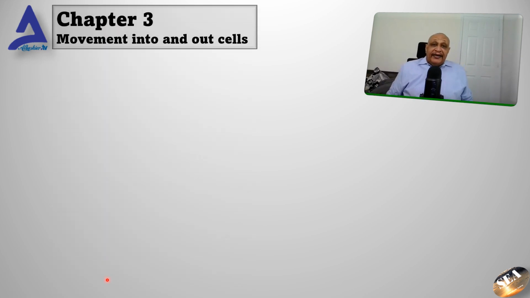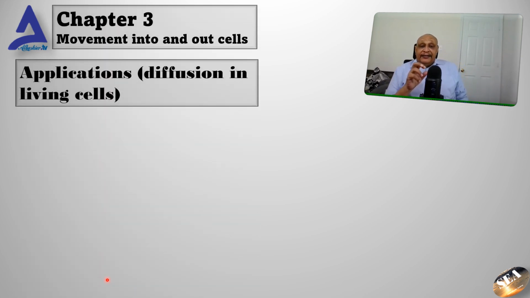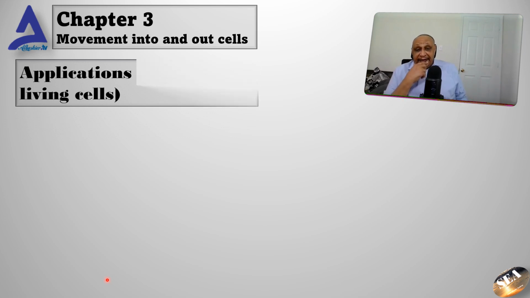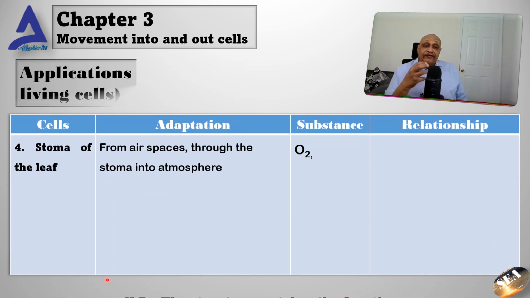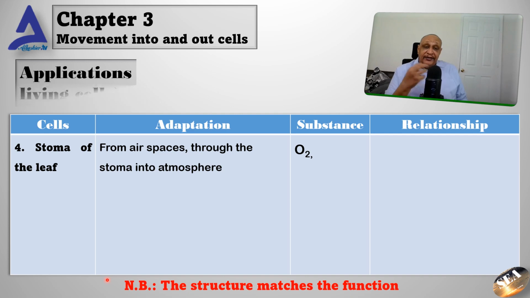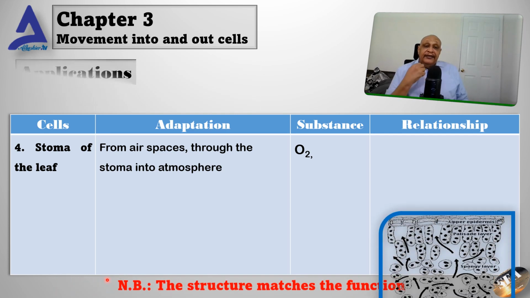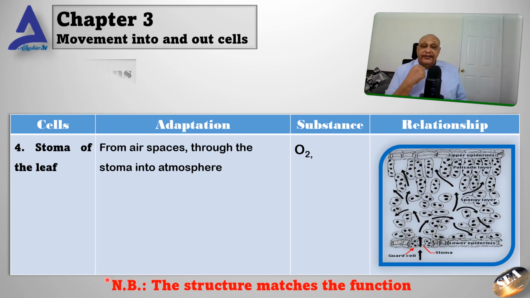The first type of adaptation in the plant is the stoma on the leaf, and this is also some sort of application of diffusion in living cells.